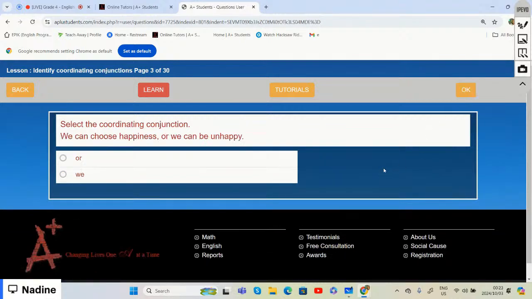We can choose happiness or we can be unhappy. Option one, or, or option two, we. Which one is the coordinating conjunction?